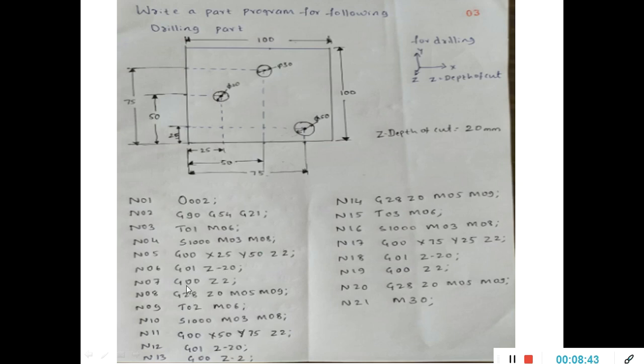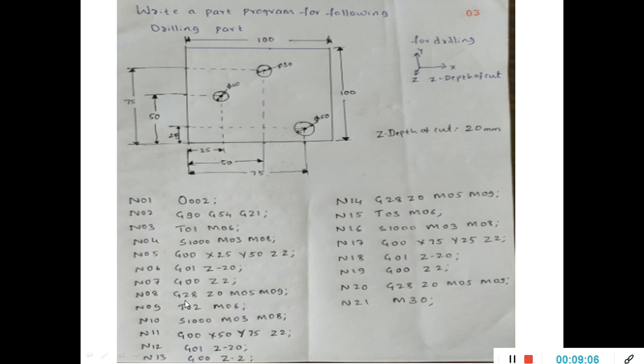Now G00, Z2. After completion of the first drilling, G00, Z2 indicates that the tool should be moved very rapidly to Z2, so 2 mm above the workpiece. After completion of the first drilling, the tool must come out of the hole and stay 2 mm above the surface.